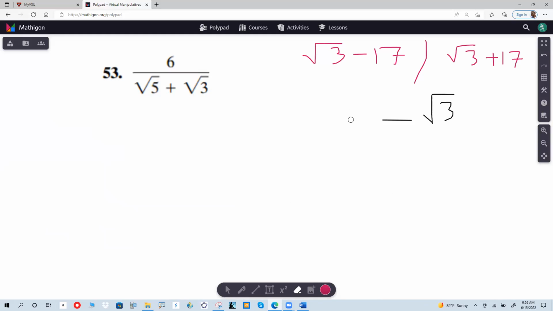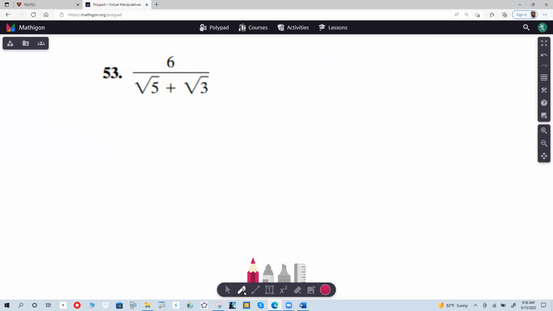Okay? Our goal, when we say rationalize the denominator, that's a fancy way of saying get rid of the radical signs from the bottom. And how do we do it? Here's how. If you multiply the top and the bottom by the conjugate of the bottom, I'm going to be very careful.